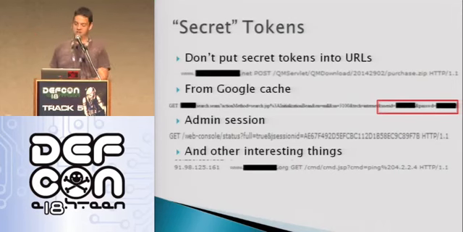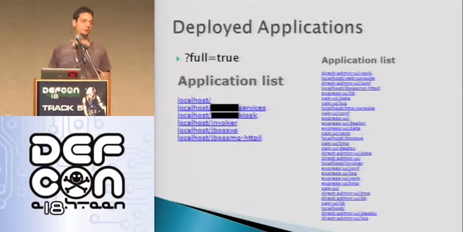Other interesting things: you may not need to actually own the server at all, because somebody else might have already helpfully installed a command shell for you. You can also just append the parameter full=true to the status servlet, and you can get a list of the deployed applications, which can sometimes be interesting.